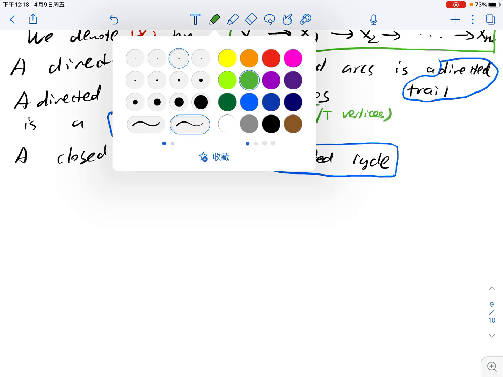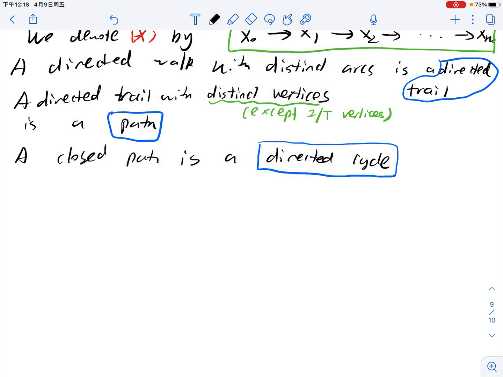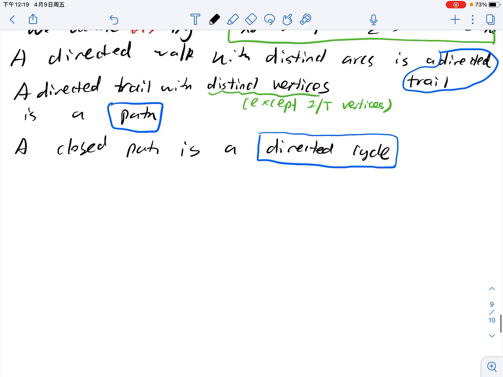So if the initial and the terminal vertices coincide, then it's a directed cycle.